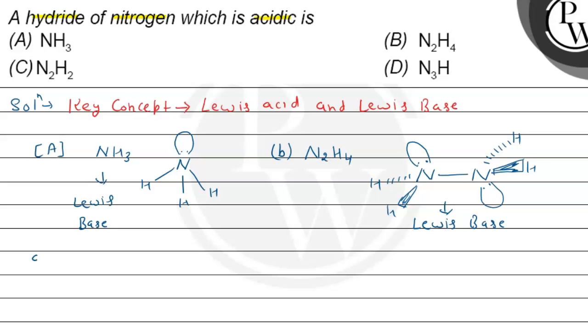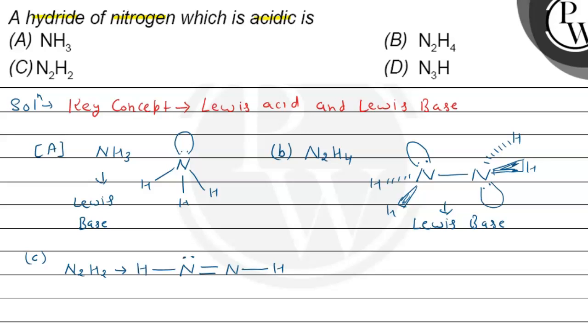Now we are moving to the third option, which is N2H2, and again we have to draw the structure of N2H2. The two nitrogen atoms are attached with a multiple bond, and the two hydrogens are present over these two nitrogens.